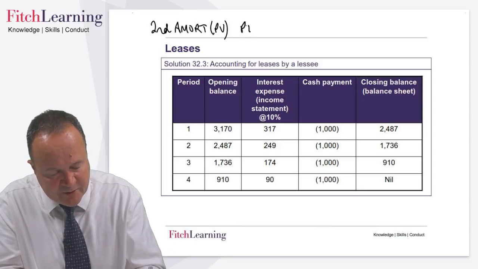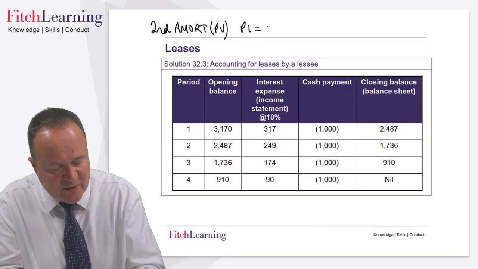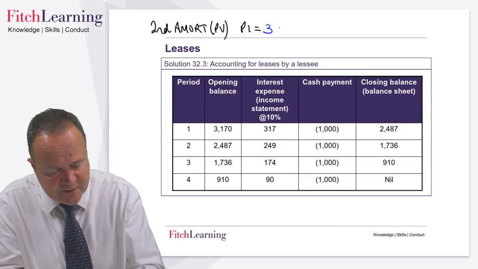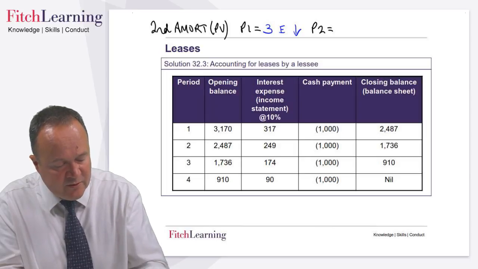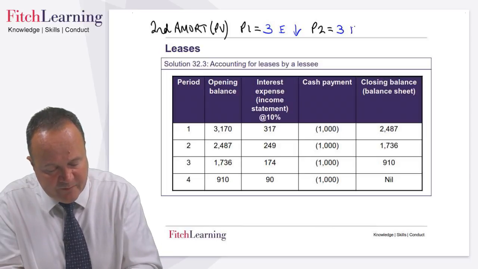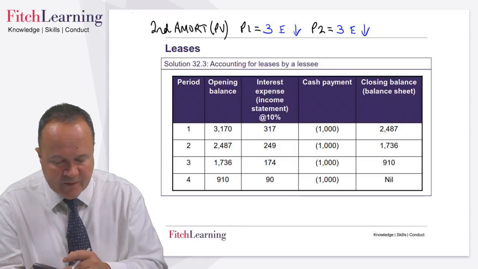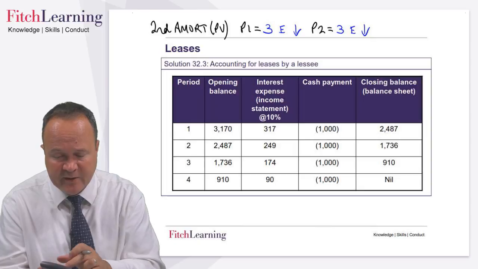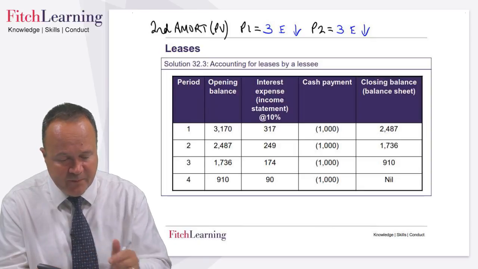It'll ask me for P1. I want to analyze year 3, so the start of year 3. Type in 3, enter and down. It will then say P2. I'll also go for 3, so I basically start and end at year 3.